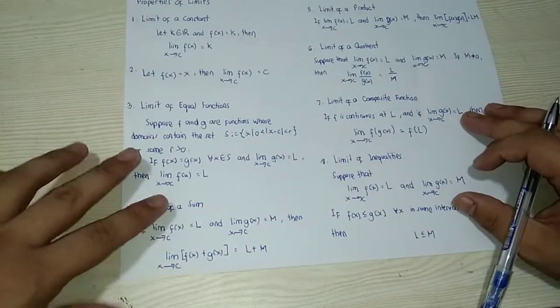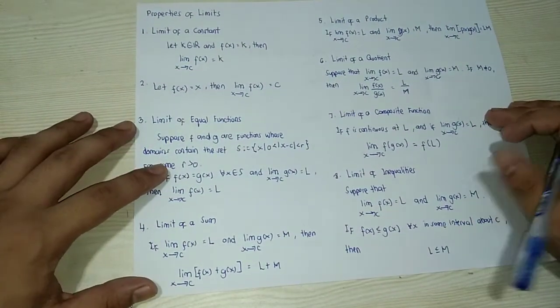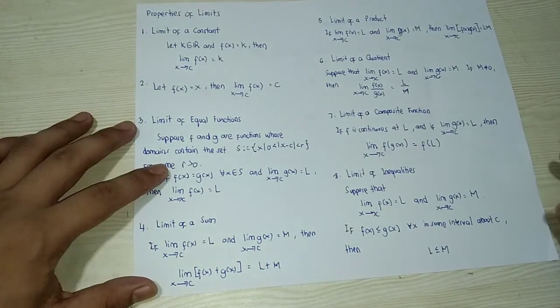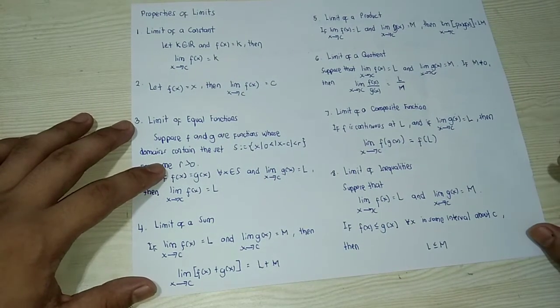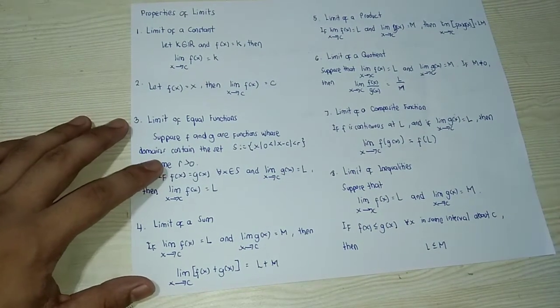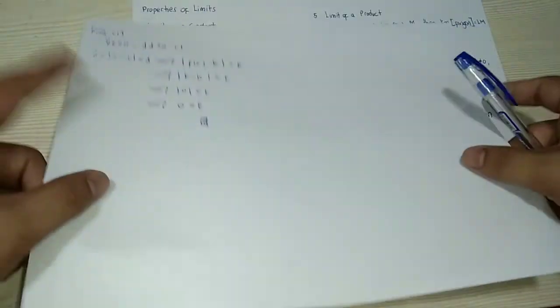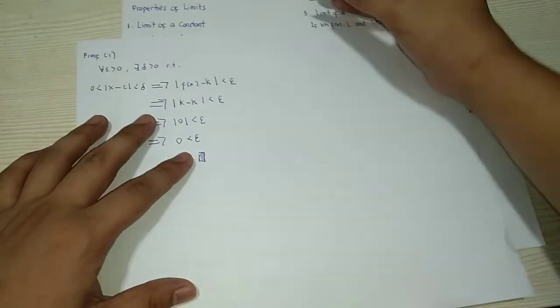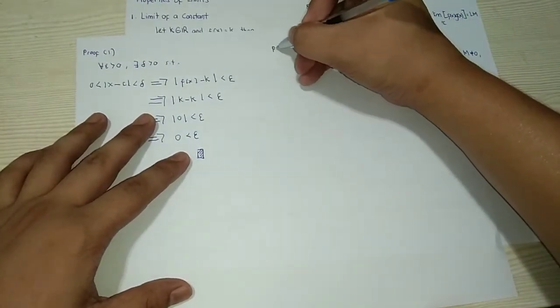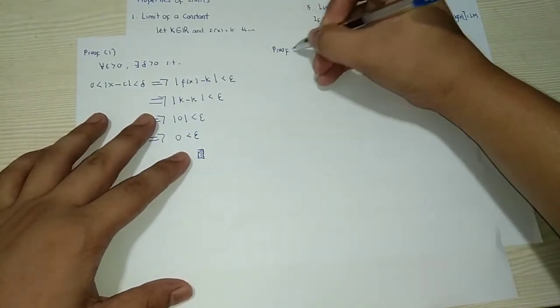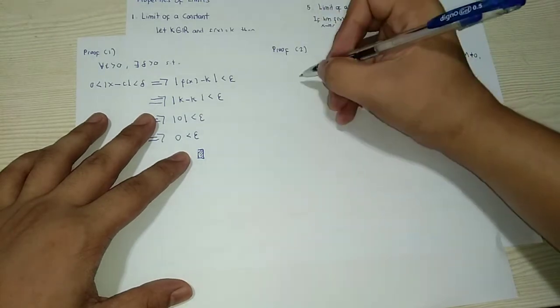Okay, so i-prove naman natin yung property number 2. So let f of x is equal to x. Then yung limit daw ng f of x as x approaches c is equal to c. So for number 2, proof for number 2.